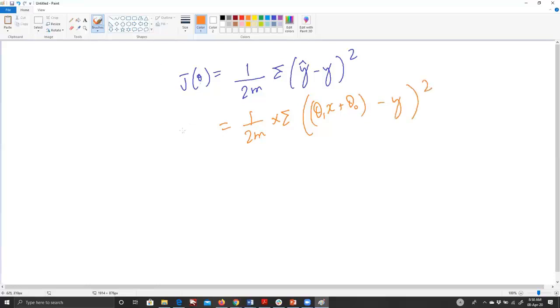Am I correct? So the equation is in terms of theta 1 as well as theta naught. Of course there could be a lot of thetas here, but the rule will remain the same. What if you wanted to take a partial derivative with respect to theta naught first? What would be the output here, guys? Anyone?